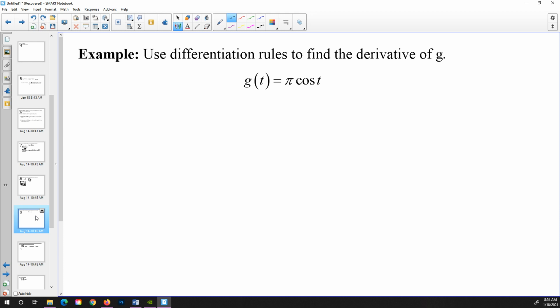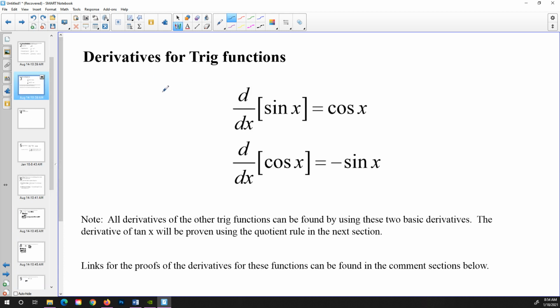Use the differentiation rules to find the derivative of g. Well, we'll say g prime of t. I have a constant pi out front, so we'll leave that pi out front there. And then the derivative of cosine t, well, that's just a rule. Now, if we go back to our derivative of trig functions, the derivative of cosine x is just negative sine x.